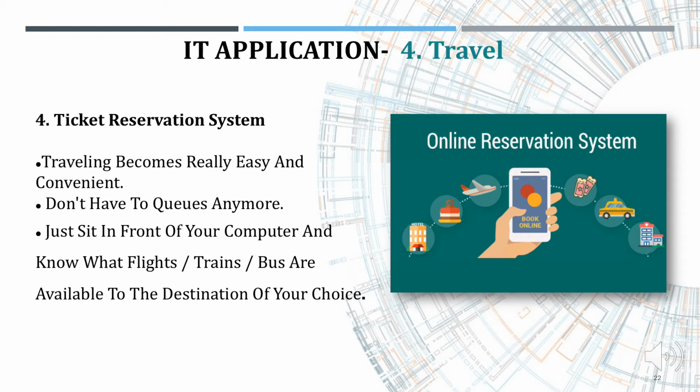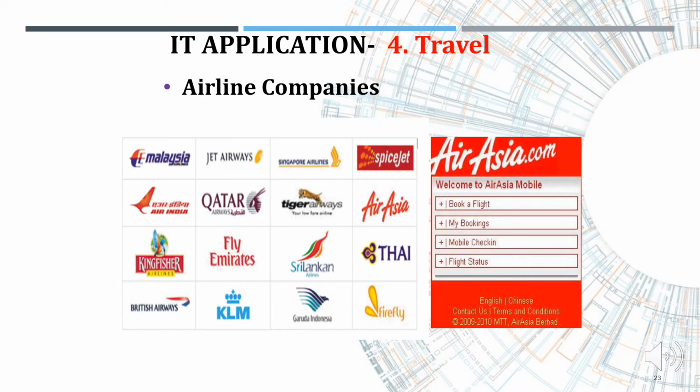Just sit in front of your computer, then you can choose the date and the time for travel using the online booking system. For example, like AirAsia, I think most companies also provide an online booking system, but at the same time they also provide a manual booking system, where you have to go to the counter and buy the ticket. So they have two methods.